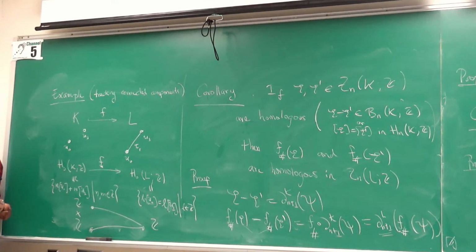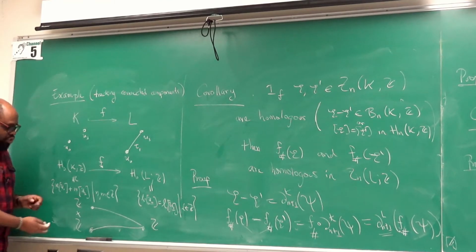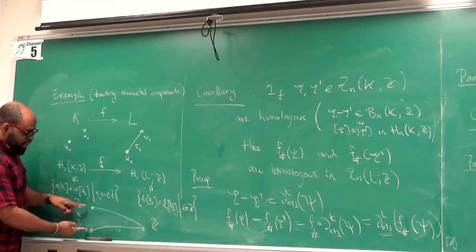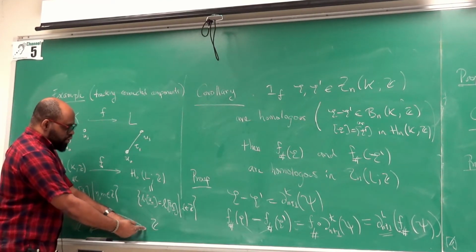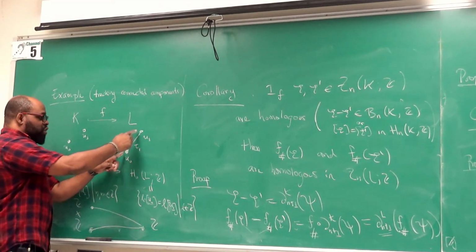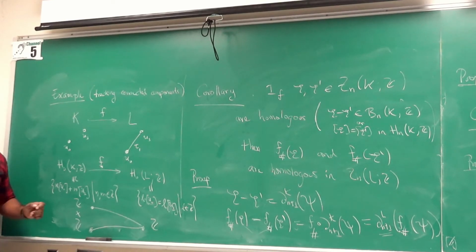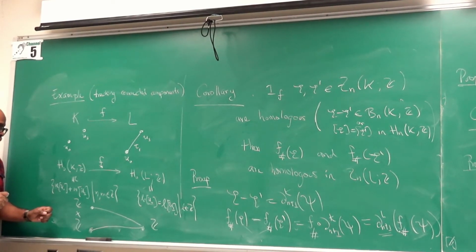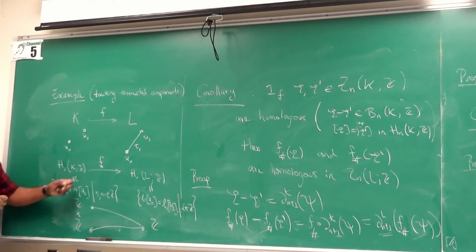Right? So it's saying that these two connected components merged when I went to L because this edge connected them. And that is something that you can see at the level of homology and at the level of F star.